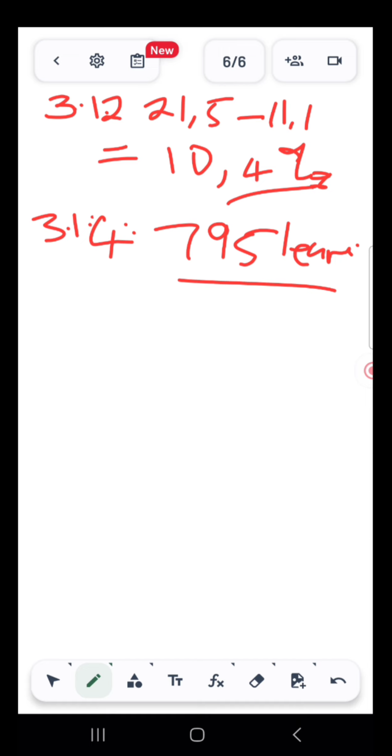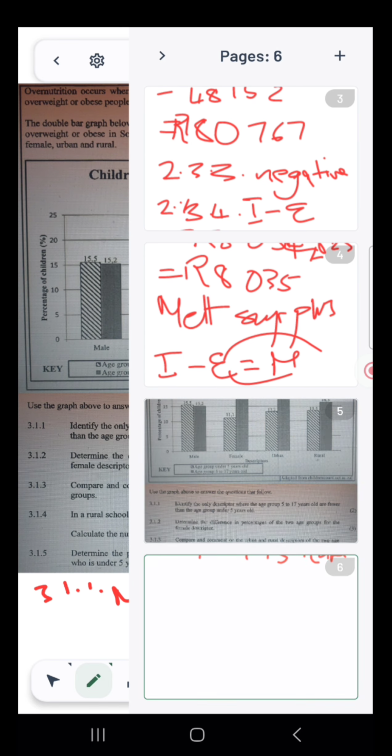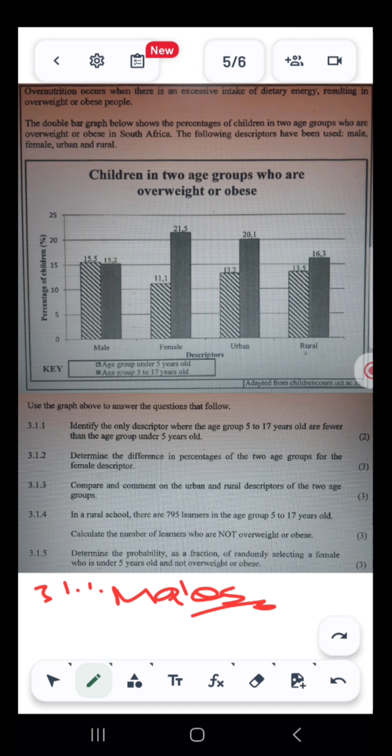So we add the percentages of those who are obese, right? So 16% of female learners are obese, right?